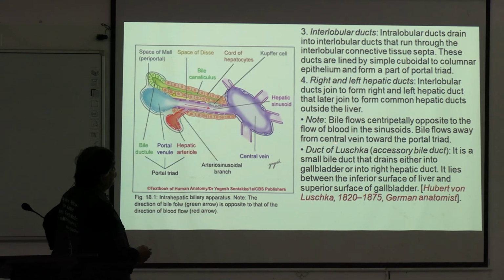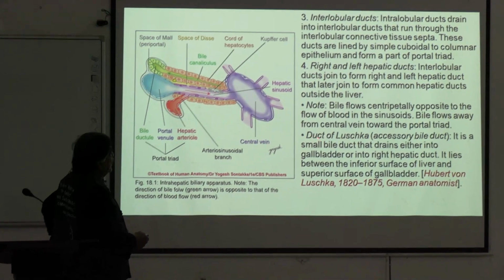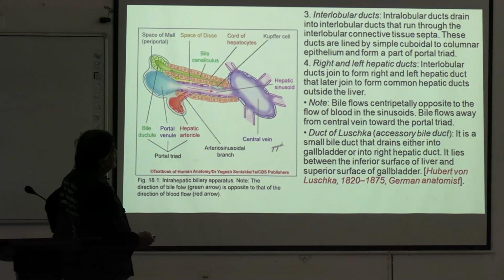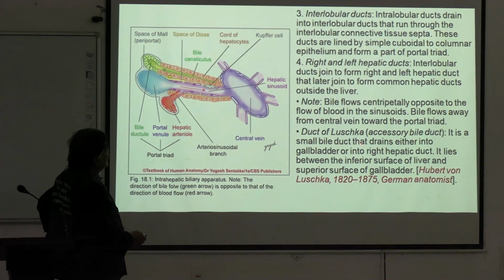Bile flows away from the central vein towards the portal triad. Duct of Luschka, this can be a short note or MCQ. Duct of Luschka, an accessory bile duct, is a small bile duct that drains into the gallbladder or into the right hepatic duct. It lies between the inferior surface of the liver and the superior surface of the gallbladder.